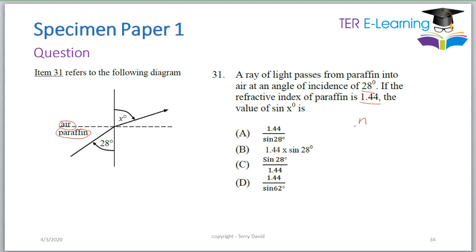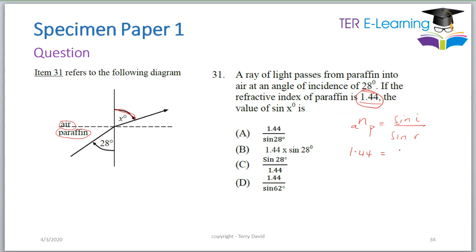So n from A to paraffin is equal to sin I over sin R, right? We need to start off with this. Now, A to paraffin we know is 1.44, and sin I is really this angle here, because when we state refractive index, we're talking from A to whatever material it is.